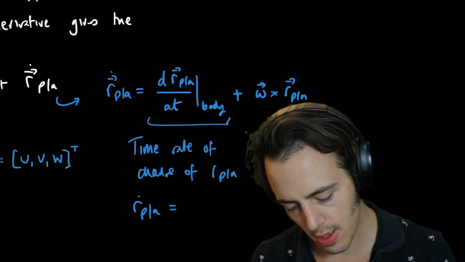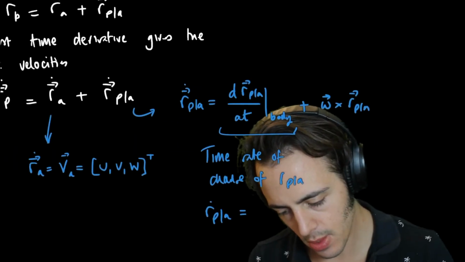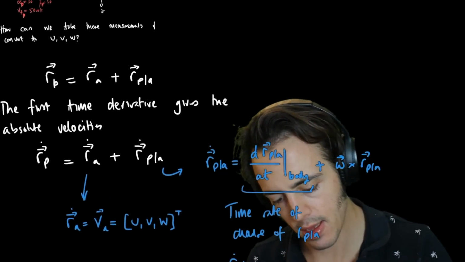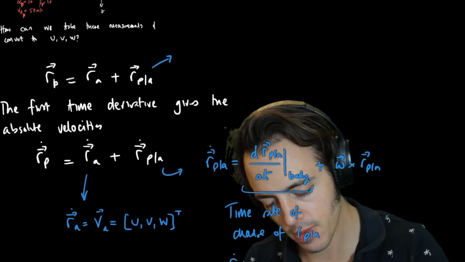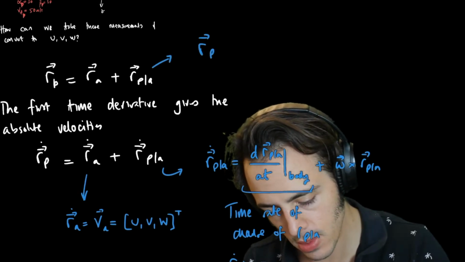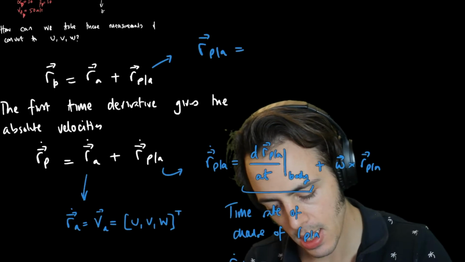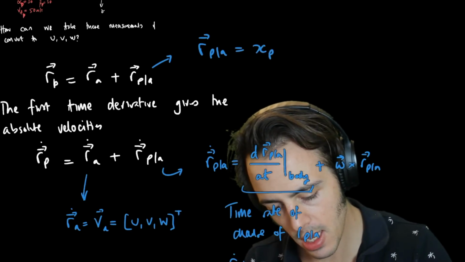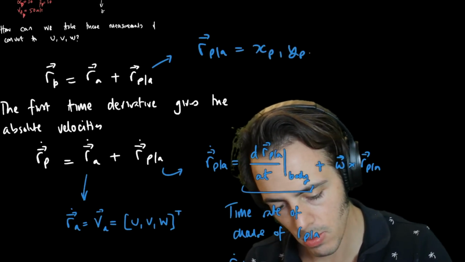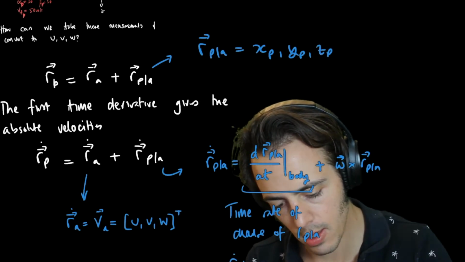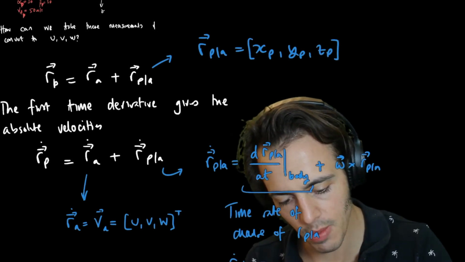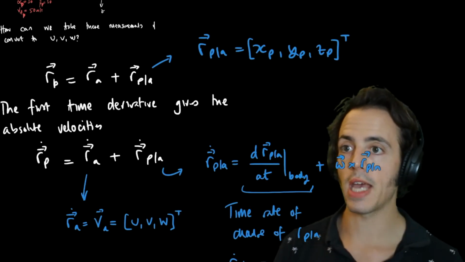Let's go back a second. Let's just say that our probe position, P on A, is XP, YP, and ZP. This is the position of the probe within body axes.